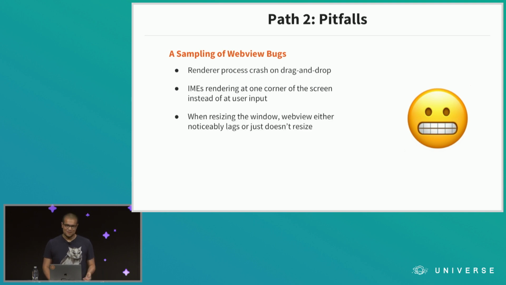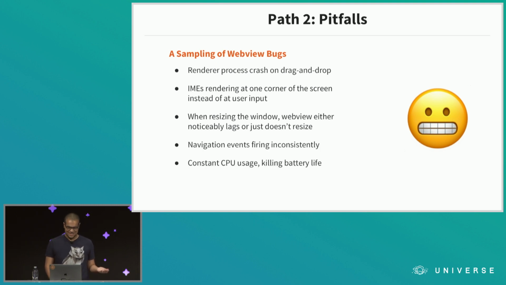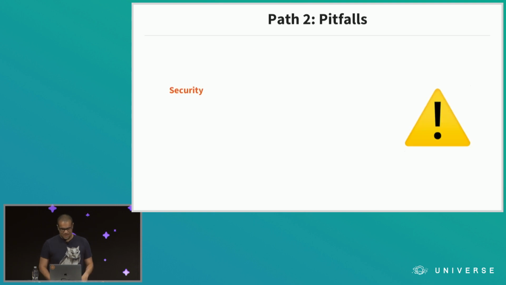When you're resizing the window, the web view might noticeably lag or just never resize at all. Navigation events might fire inconsistently and break sign-in. Constant CPU usage might kill your battery life. So it's just a little sample of what bugs you might run into if you try one of these Electron container approaches. There are still some things to consider about security, too.